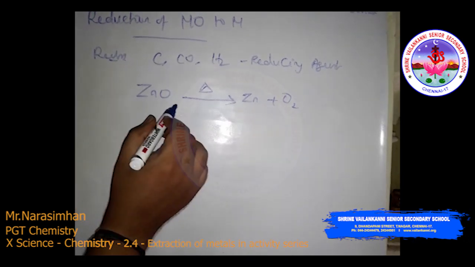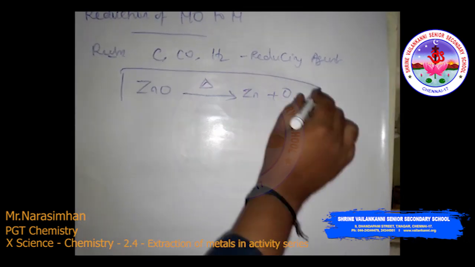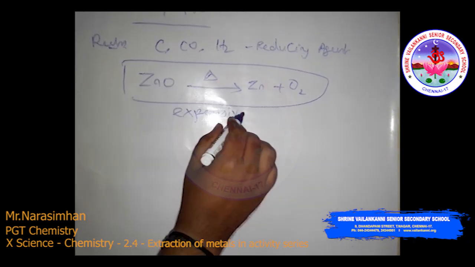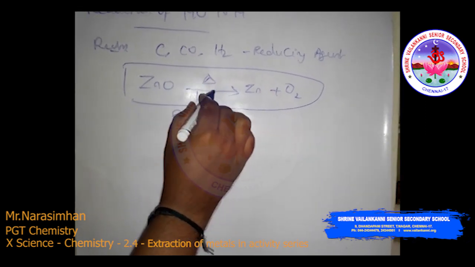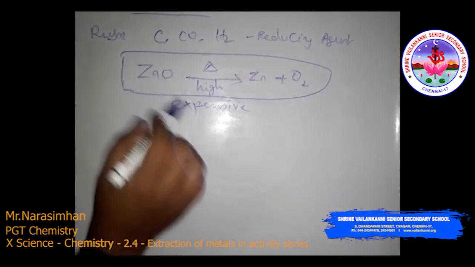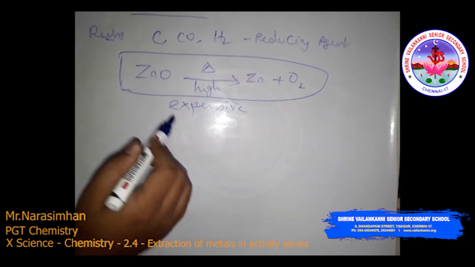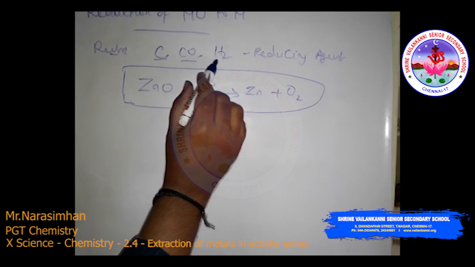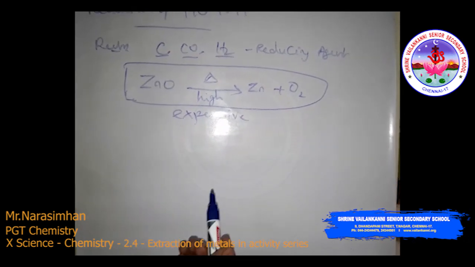But this reaction is very expensive, because of the very high temperature we have to spend more money. So in order to reduce our cost, we can use carbon monoxide or hydrogen. These are called reducing agents.